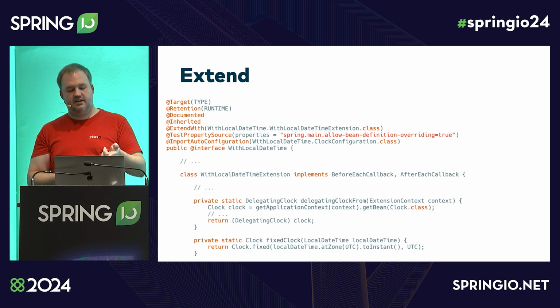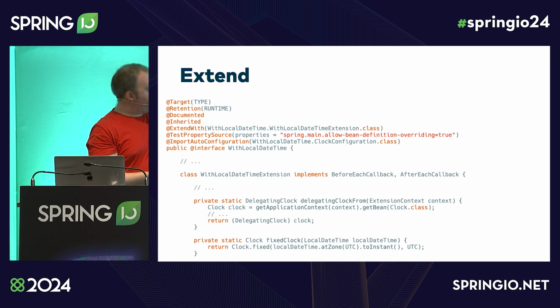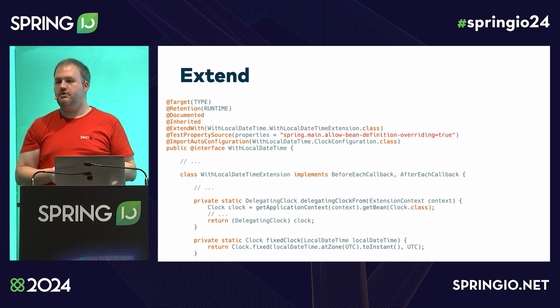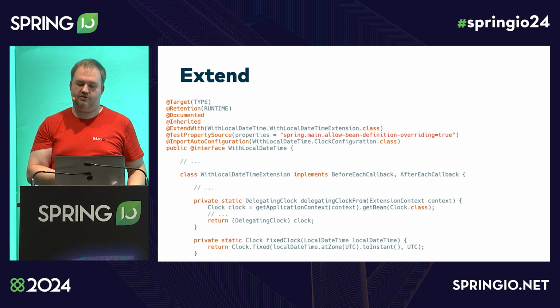So I call it extend because you are adding basically all the stuff you are defining here to your test on top. So my test is a web MVC test, but uses that too.